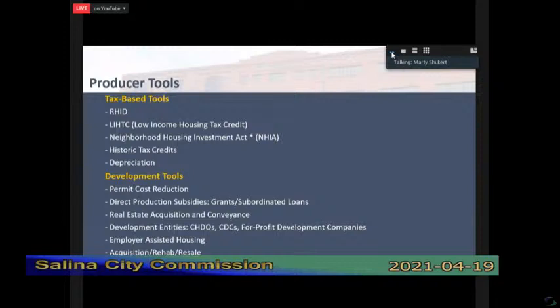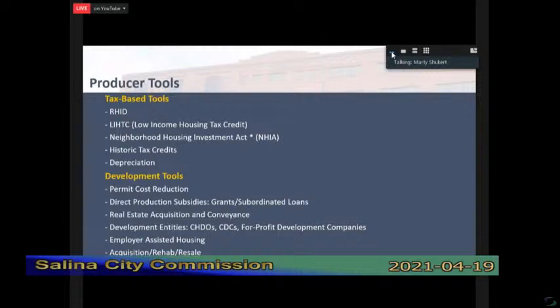So development entities can be nonprofit. These are like CHODOs, Community Housing Development Organizations, of which Salina has one, or CDCs, Community Development Corporations, which are basically the same thing, but don't have the same kind of community-based board requirements.